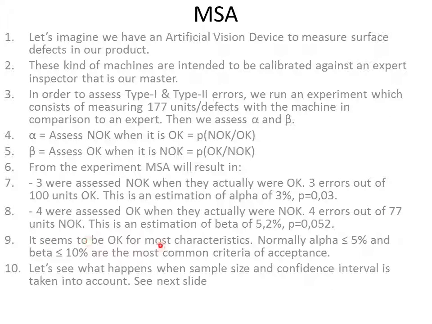It seems to be OK for most characteristics, as the typical criteria for alpha is equal or less than 5% and beta 10%. So we would accept our measurement system following these criteria. Now let's see what happens when sample size and confidence interval are taken into account.